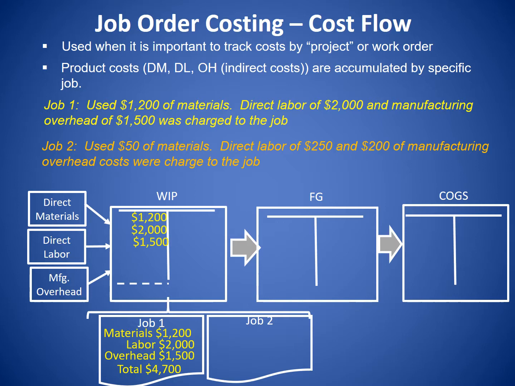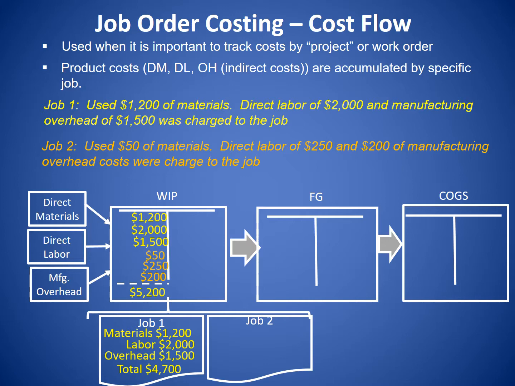Now we're going to go on to job number two. Job number two, we use $50 of materials, $250 of labor, and $200 worth of overhead were charged to the job. So again, we're going to credit cash for the cost of those items, and we're going to debit work in process for the $50, the $250, and the $200.